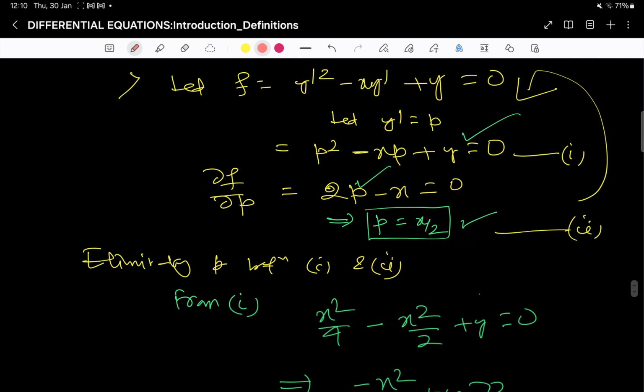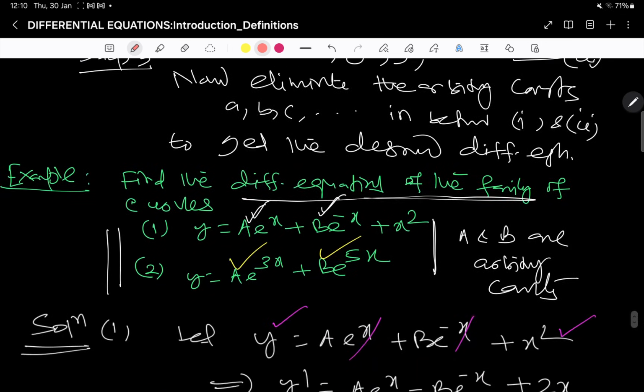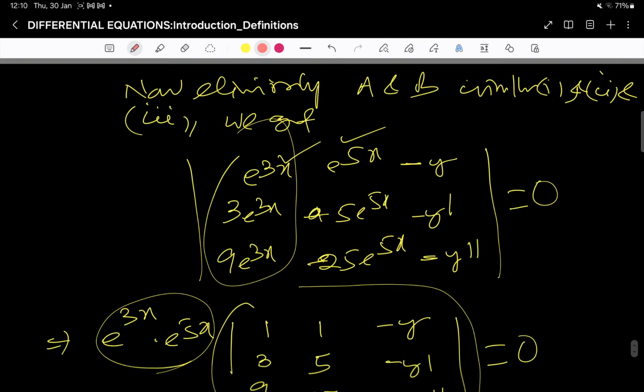Now coming to the formulation of the differential equation: as many as arbitrary constants, the final differential equation will be of that order.